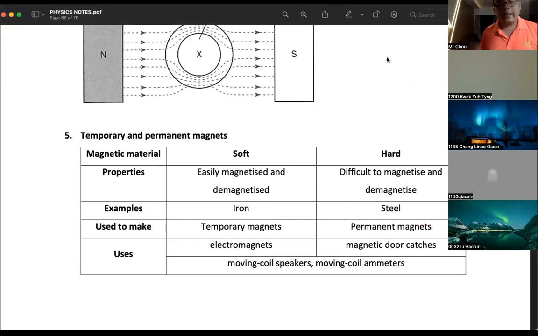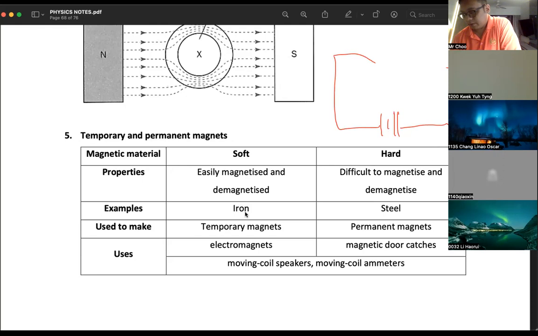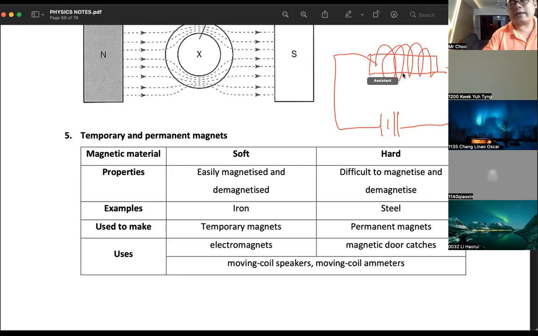So let's continue. For iron, if you were to do the electromagnet, I put the iron inside. This thing inside can be iron or steel.